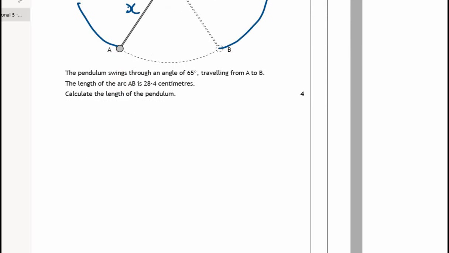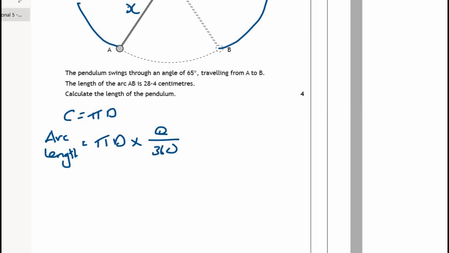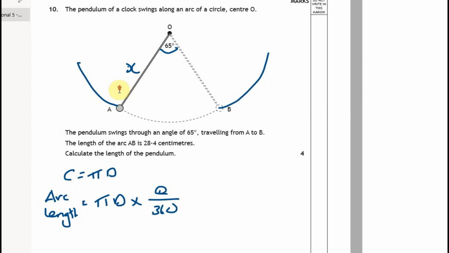So we're going to be thinking about circumference is pi d. An arc length is pi d, but times the ratio of the angle that we're following through. So that's the equation we should be thinking about. Arc length is pi d times the ratio of the angle.